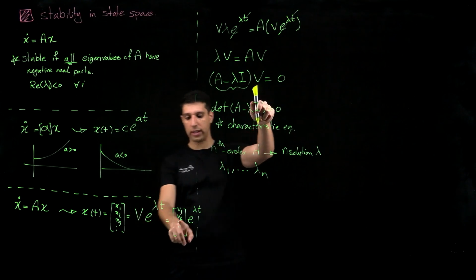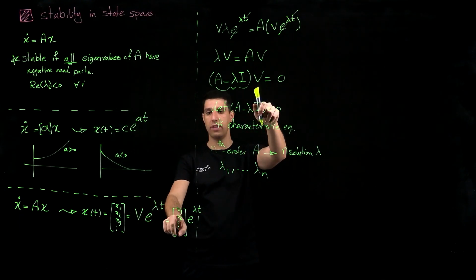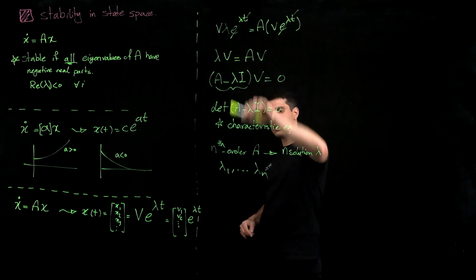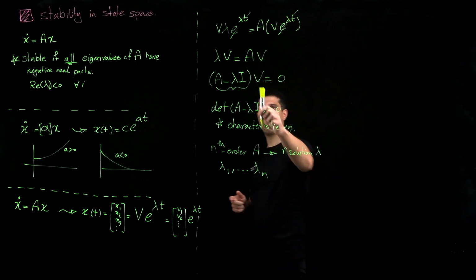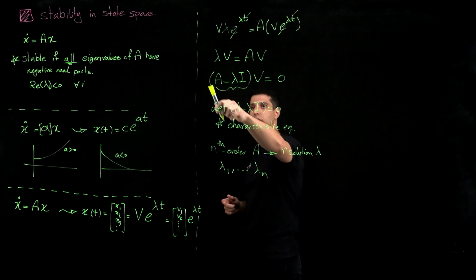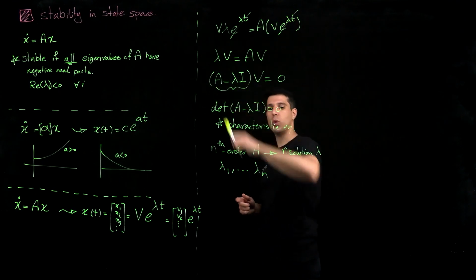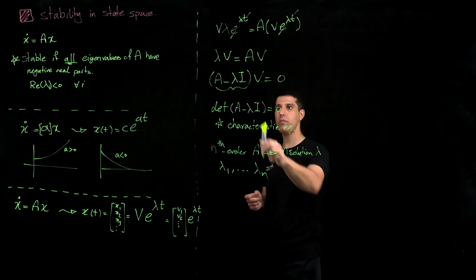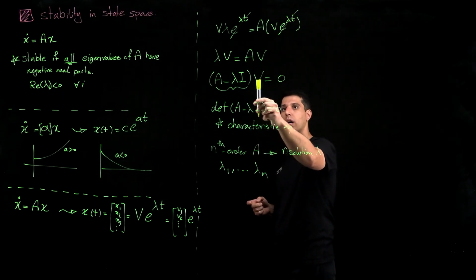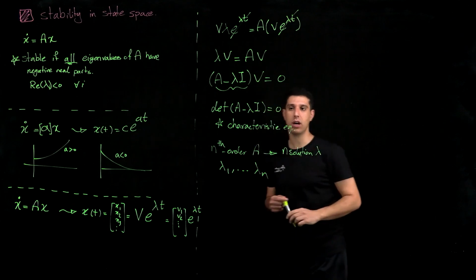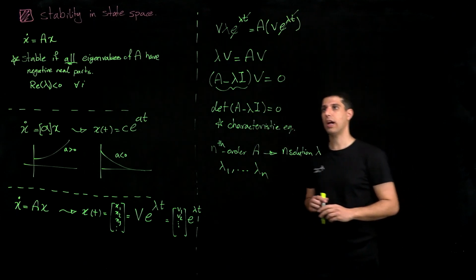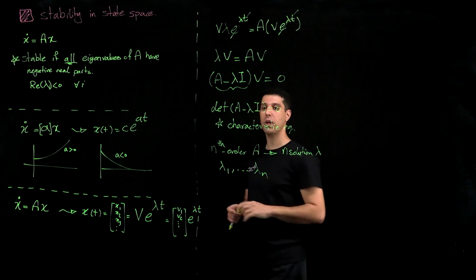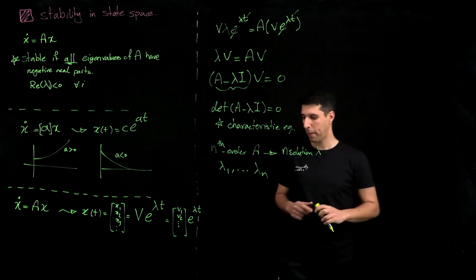I can solve for the individual components of v through a system of equations. But remember that because this matrix is not full rank, and it has determinant 0, the solution for v is not going to be unique, and you'll have infinite choices. For each lambda, you'll have infinite choices of v.